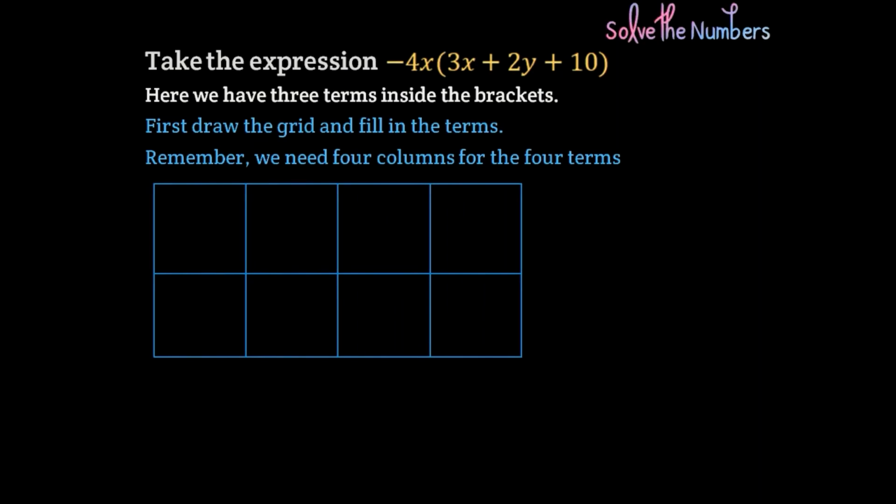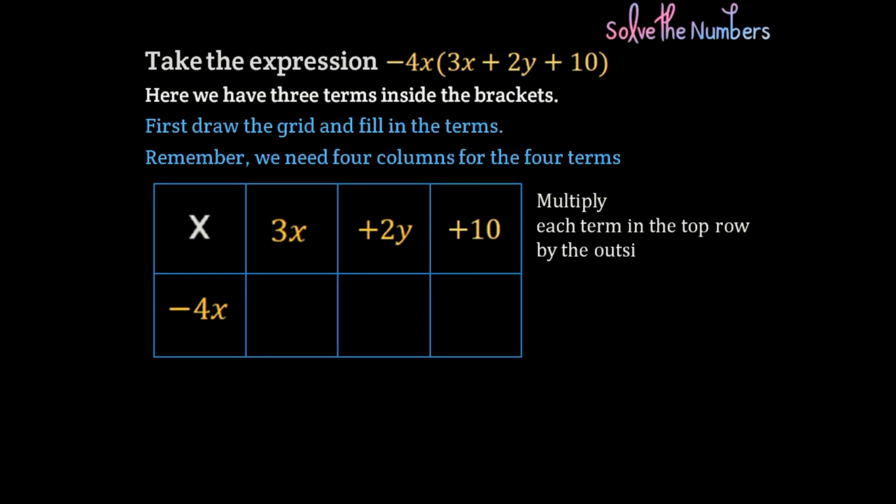First, we fill in the outside expression negative 4x, then 3x, then positive 2y, then positive 10, along with our multiplication sign. We multiply each term in the top row by the outside term in the second row as in the previous problem. So we multiply negative 4x by 3x and get the answer negative 12x squared.